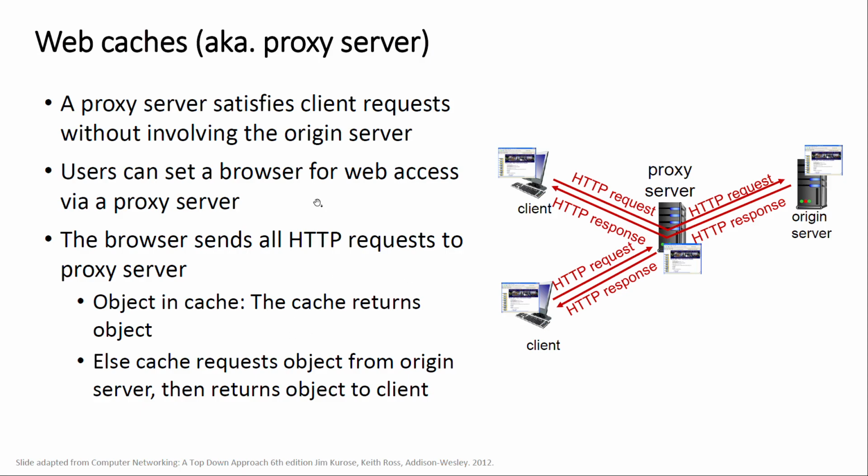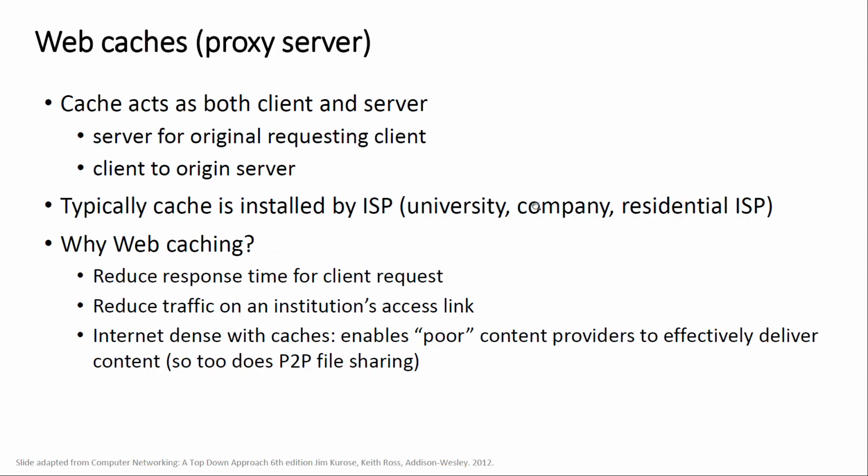Users can set a browser for web access via proxy server. The browser sends all HTTP requests to the proxy server. If the object is in cache, the cache returns the object. Else, the cache requests the object from the origin server, then returns the object to the client. Cache acts as both client and server. It looks like a server for the original requesting client, but it looks like a client to the origin server.